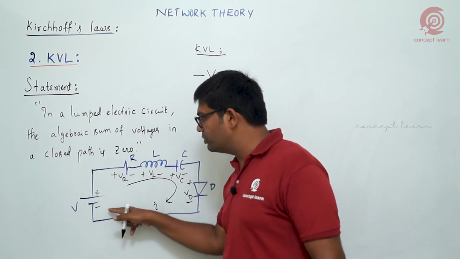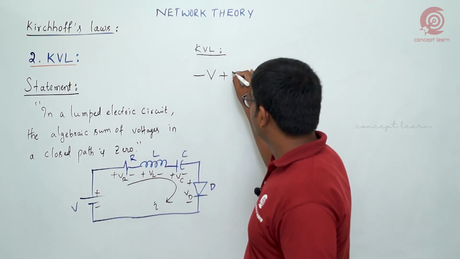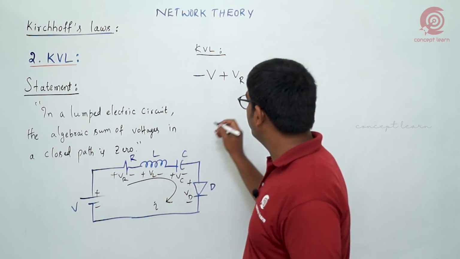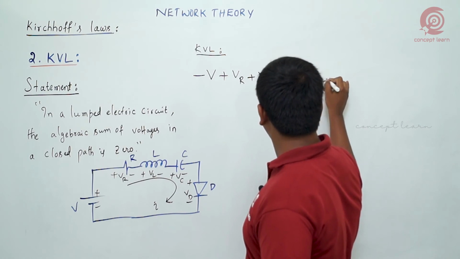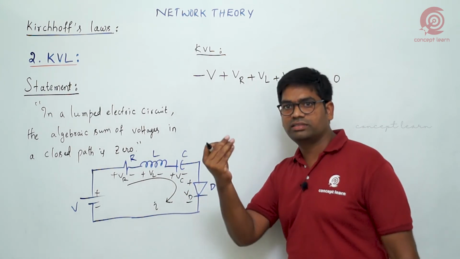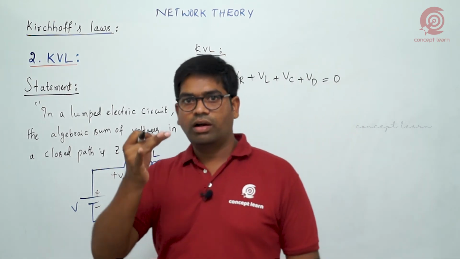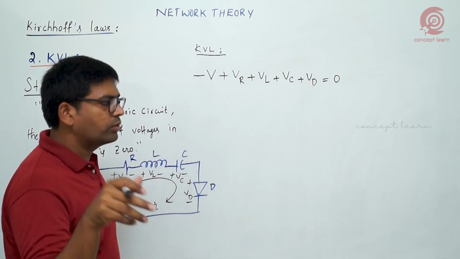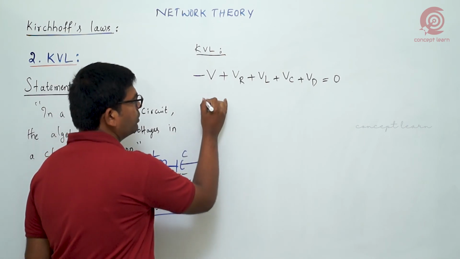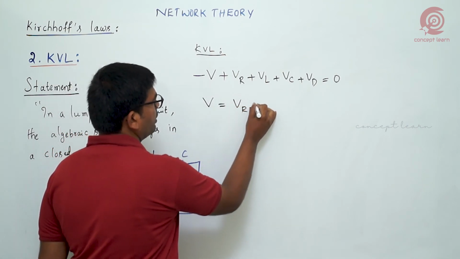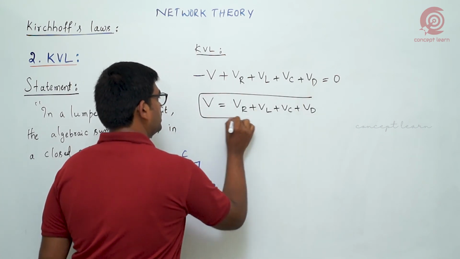So current entering into negative terminal means negative sign, entering into positive terminal means positive sign, that is plus VR, next plus VL, next plus VC plus VD. All these are having some internal resistance, some drop will be there here. So I am writing voltage drops, okay, algebraic sum of voltages in this closed path. Now if you write source voltage or supply voltage one side, remaining will be VR plus VL plus VC plus VD is equal to that one.